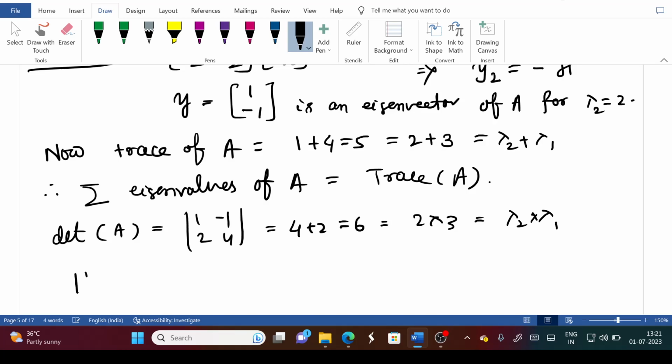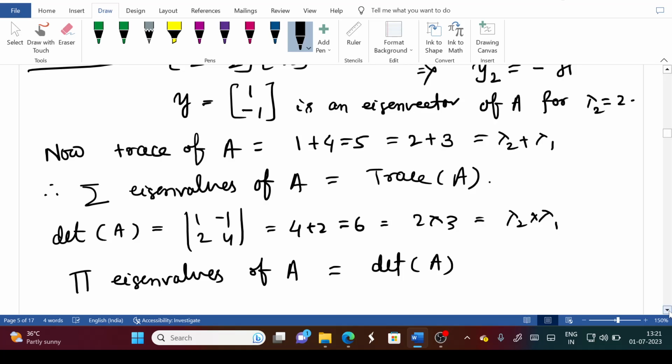So the product of eigenvalues of A is equal to the determinant of A. This also clearly indicates it.